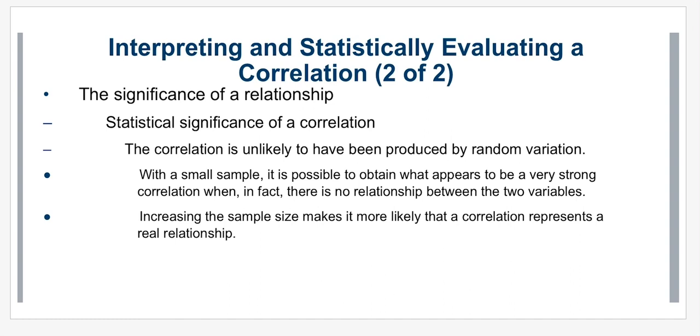Another thing to keep in mind is that when you say a correlation is statistically significant, that does not mean that it is a large or a strong correlation. It just means that it's real, that it's not due to chance. So you can have a weak correlation of 0.2 or 0.1 that is statistically significant.